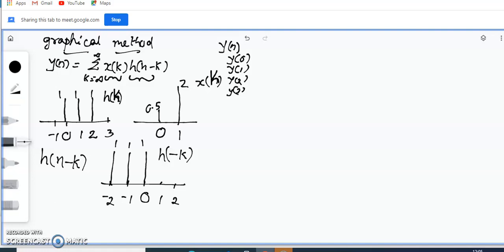Okay, next we will be finding h of 1 minus k, h of 2 minus k, then h of 3 minus k and h of 4 minus k.